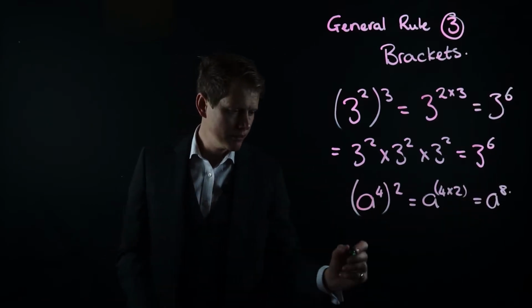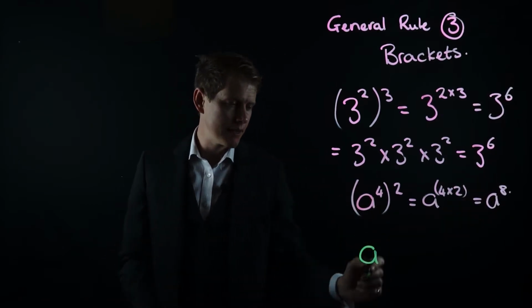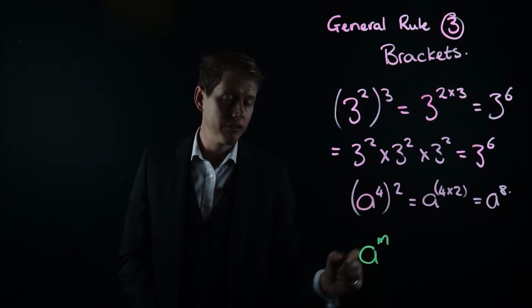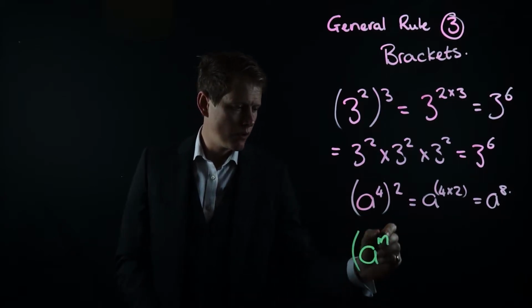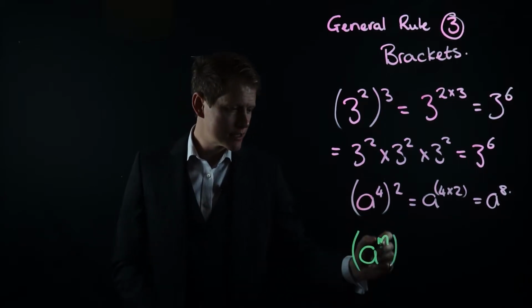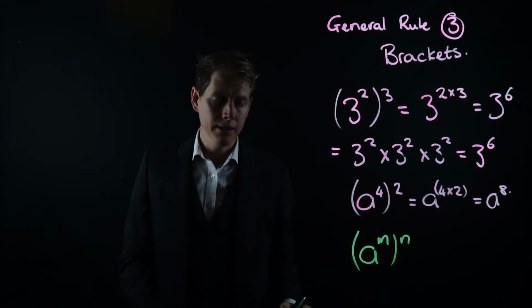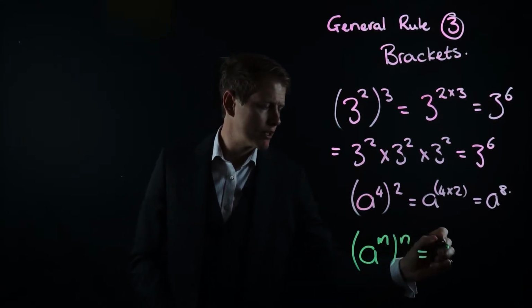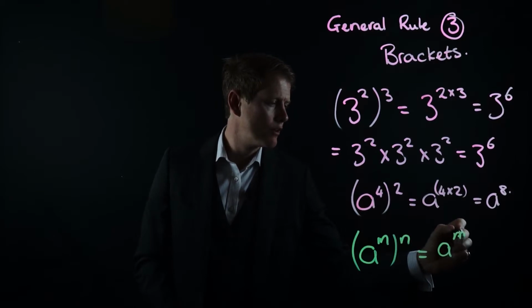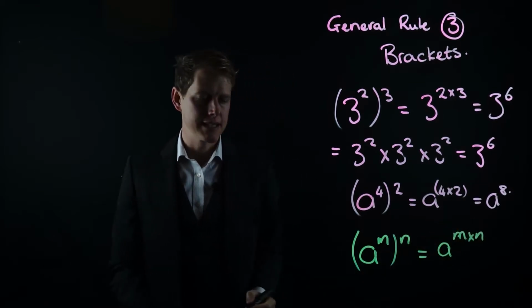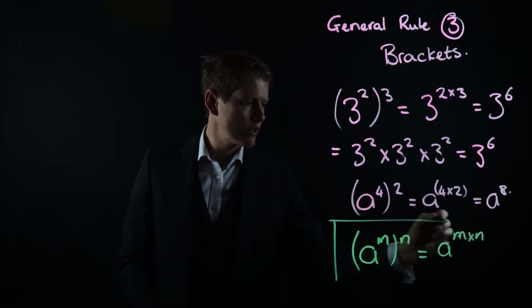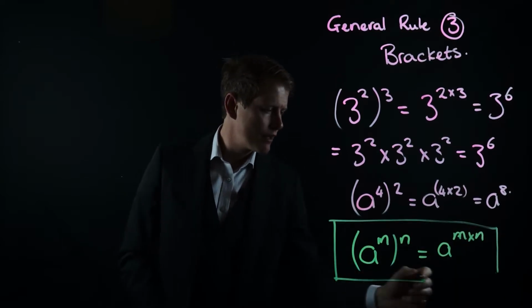So in general, any number to the power of any number, all to the power of another number, can be simplified by doing a to the power of those two numbers multiplied together. That is our third general rule.